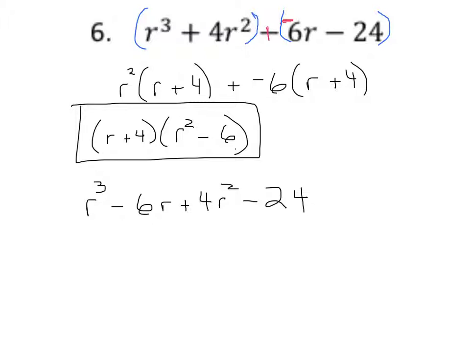So if we look at what we started with, we have r cubed plus 4r squared, which shows up here and here, minus 6r minus 24. So our answer checks. And that is the end of our video series on grouping.